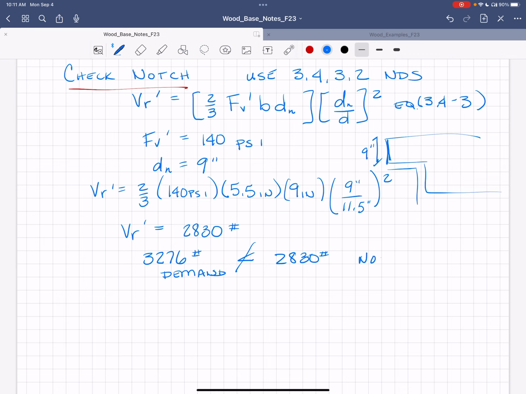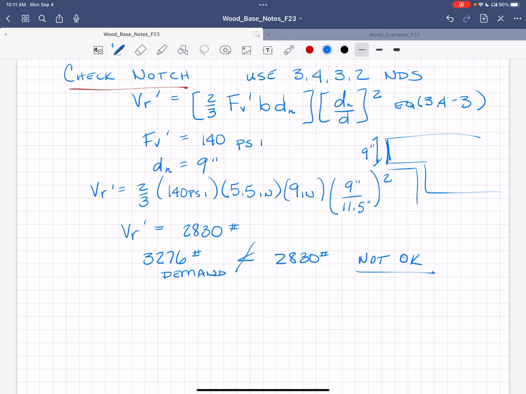So what do we do? Well, the first thing we do is see if it works if we actually use D out from the support, because that could make a big difference here. It's a pretty big jump from 32 to 28, but let's see how it goes. If I checked it at D and it still didn't work, then I'm going to have to look at some kind of change to my notch, that I can't notch this beam as much as I did in this case.